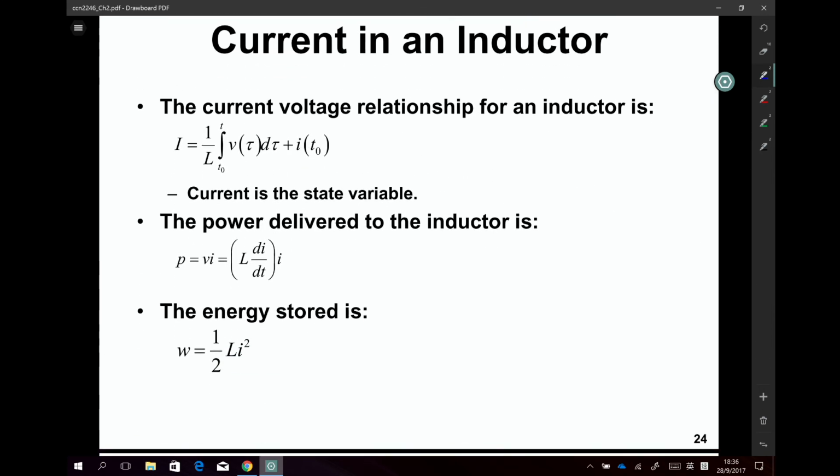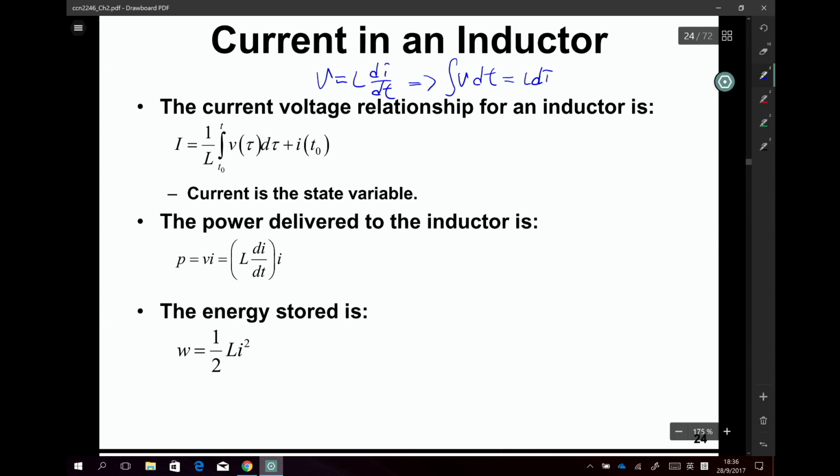Now we call the IV characteristic of the inductor, given by v equals L di/dt. If you rearrange the equation, v dt equals L di, and take the integral on both sides, you can get this formula: i equals 1 over L integral of v dτ plus i(t0). i(t0) is the initial current of the inductor.